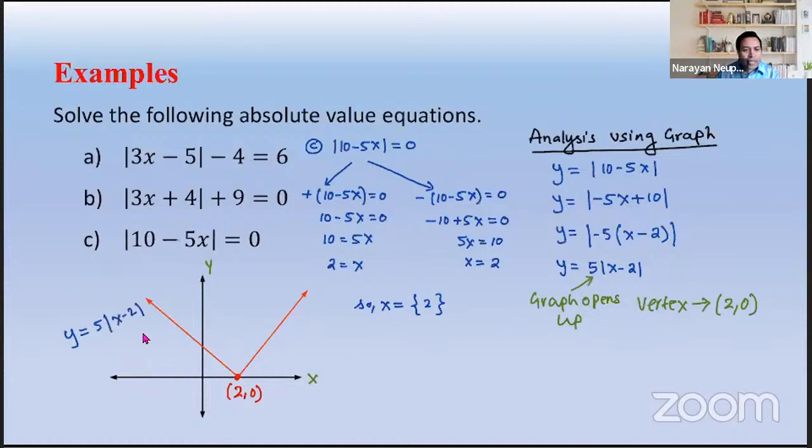And you can clearly see this graph will cross the x-axis at only one point, right? When it crosses the x-axis at only one point, then we can say that it has only one solution. So this is the answer to the absolute value equation that we have seen. We verified this using the graph. So we have just one answer.